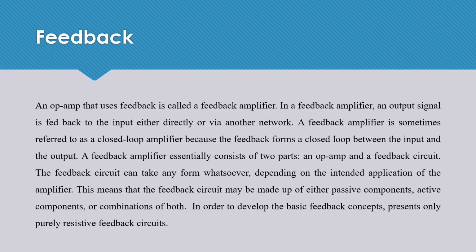A feedback amplifier essentially consists of two parts, an op amp and a feedback circuit. The feedback circuit can take any form whatsoever depending upon the intended application of the amplifier. This means that the feedback circuit may be made up of either passive components, active components, or a combination of both.